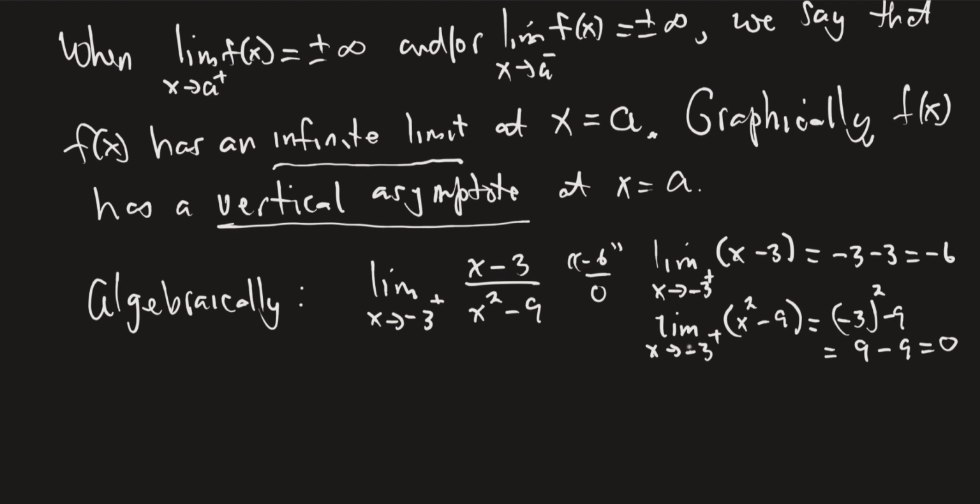So the denominator here would be a small but, let's see, would that be right? Actually, no, a small and negative number, right?